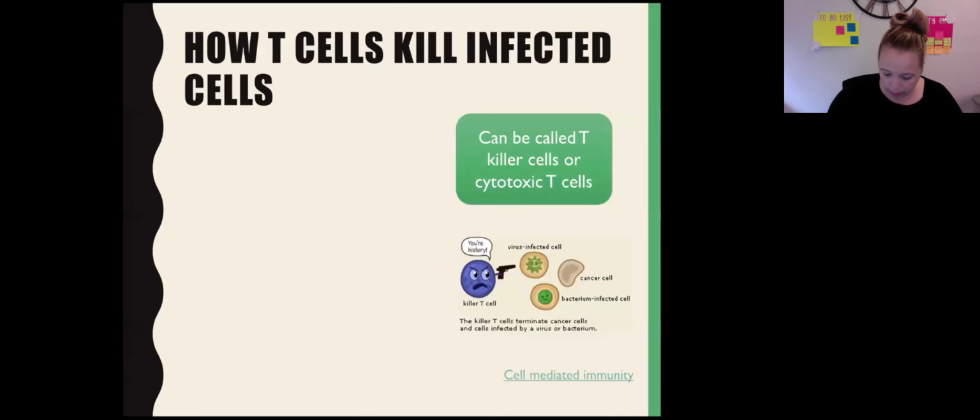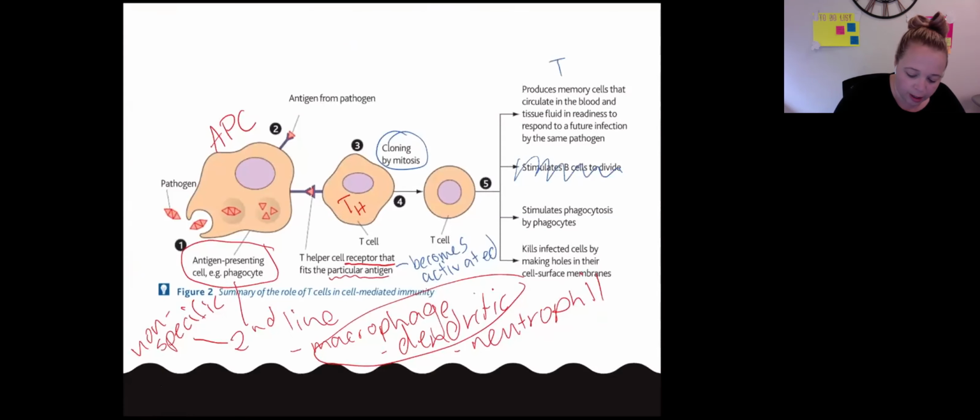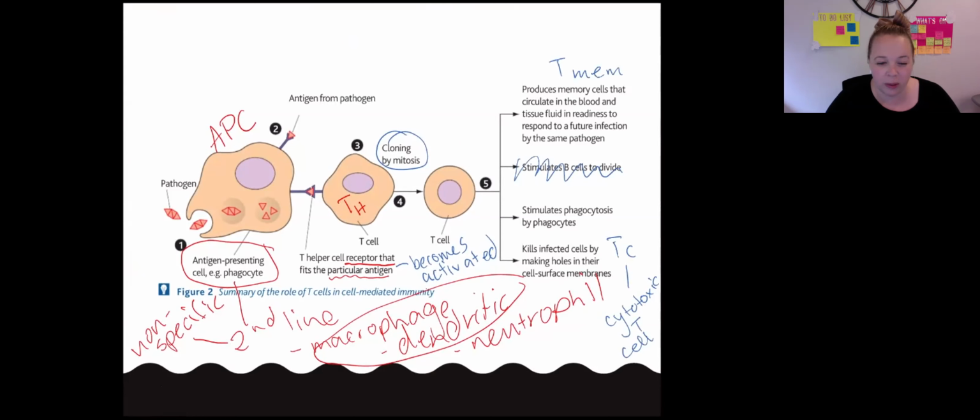It can produce T memory cells. It can produce TC cells, which are called cytotoxic T cells, and I'm going to come back to that. Or it can stimulate phagocytosis, but then pretty much everything stimulates phagocytosis.